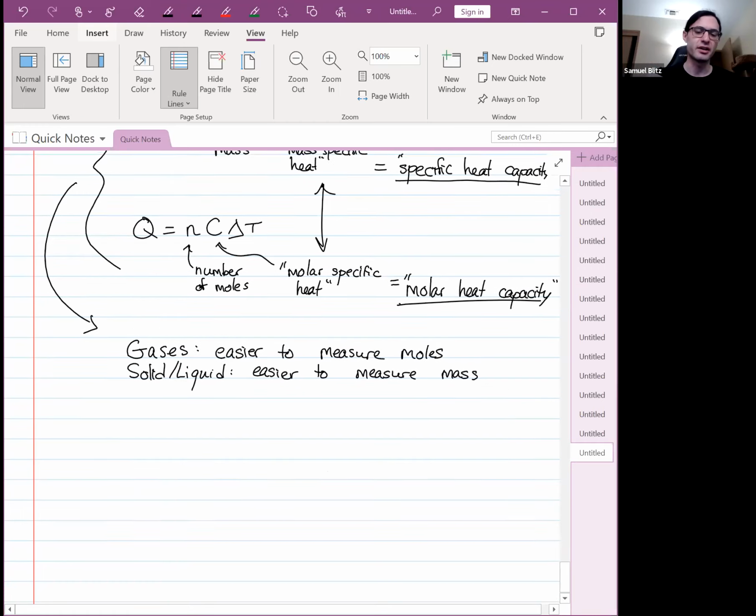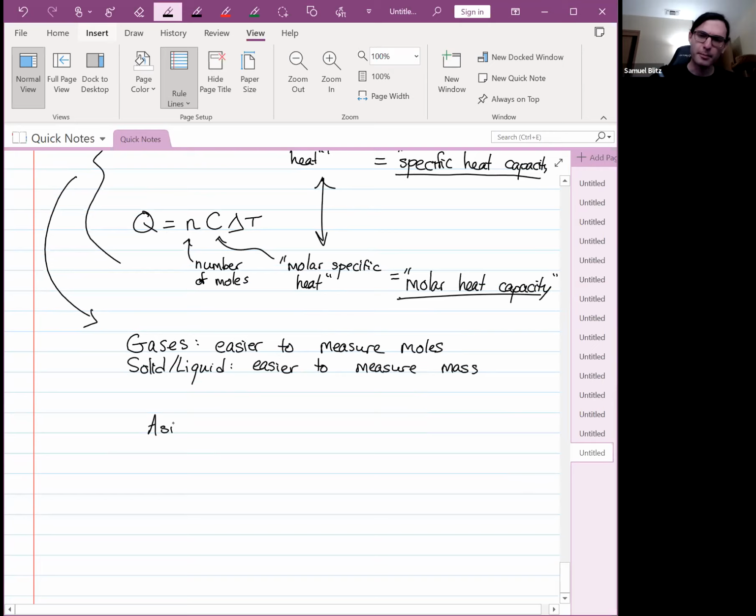Now, just as an aside, according to the definition of 1 calorie, we actually can figure out the mass specific heat of water, not molar specific heat.